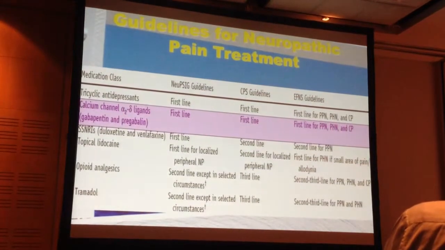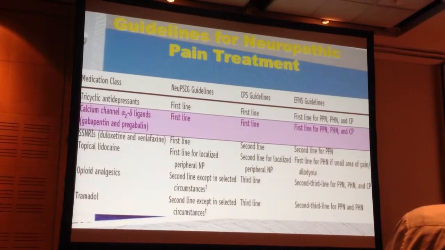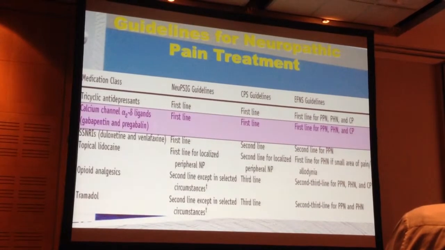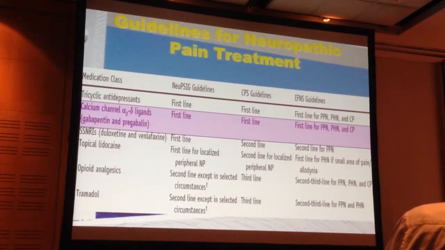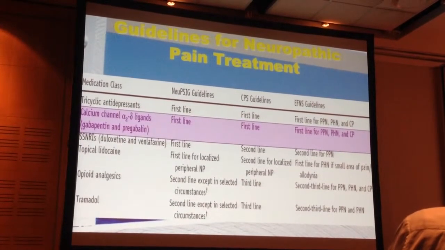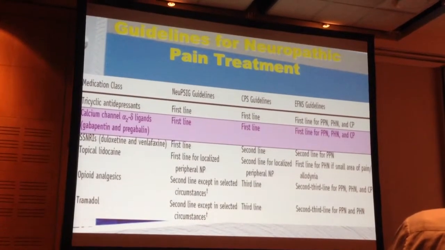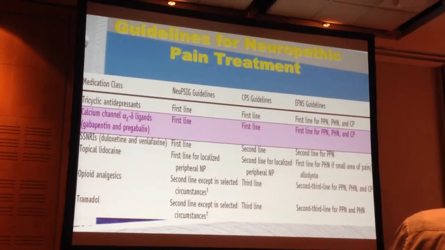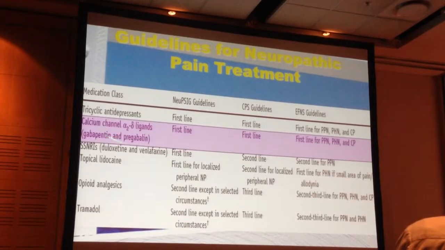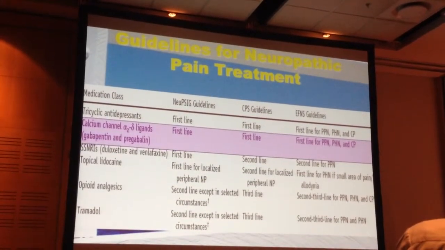What is the result? By now, pretty much in every international guideline, calcium channel alpha-2-delta modulators are one of the first-line treatments for neuropathic pain. And I don't know how many of you are working in a chronic pain environment, but clearly from a risk-benefit ratio, this is the drug of choice for neuropathic pain, and the only competing drug increasingly becomes duloxetine as an SNRI, which you see is slowly moving up from second to first line in many guidelines with increasing data.